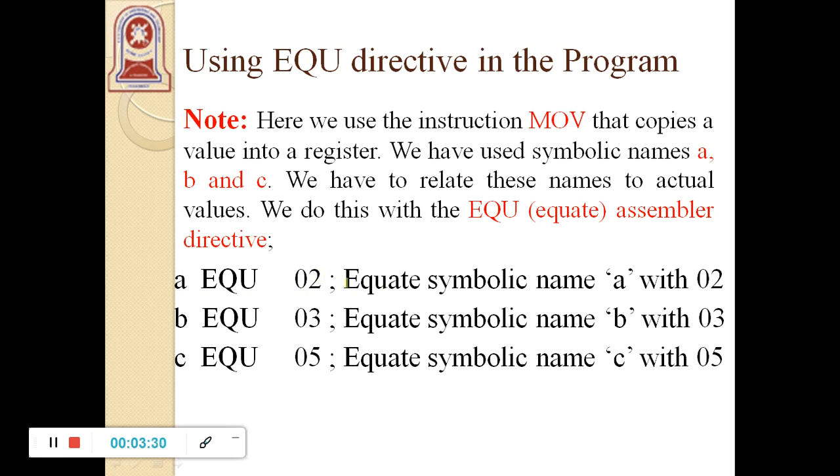EQU is nothing but equating the symbolic value with 2. Similarly B is equal to 03 and C is equal to 05. To be more specific, it is as good as using #define in your C programming.